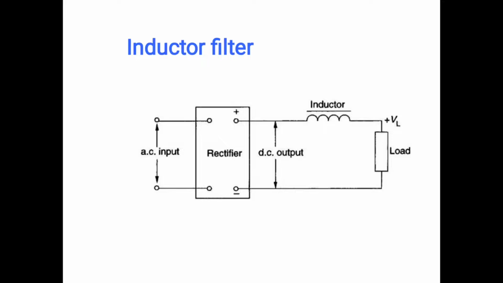The inductor filter: first is the AC input to the rectifier. The rectifier converts AC to DC, and the output voltage is connected across the inductor. Another one is across the load, which is the output voltage.